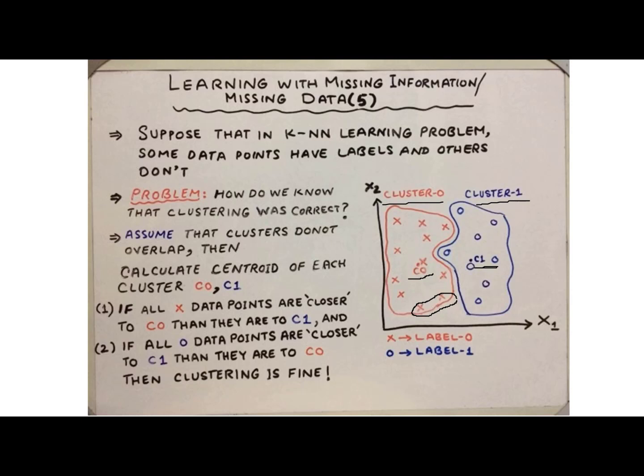So with the inclusion of the new data points, we have 2 different, updated clusters, and we calculate the centroids C1 and C2 for the new clusters, and if the 2 conditions about the closeness of data points of any cluster to the centroid have been satisfied, then we can be assured that our clustering is correct.